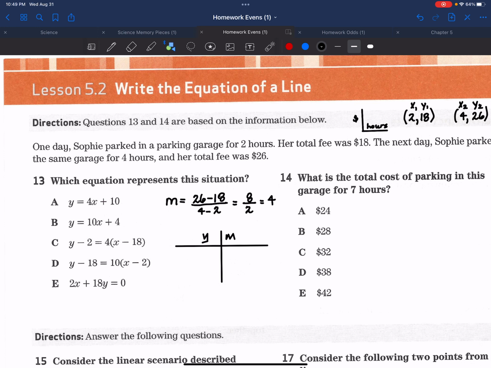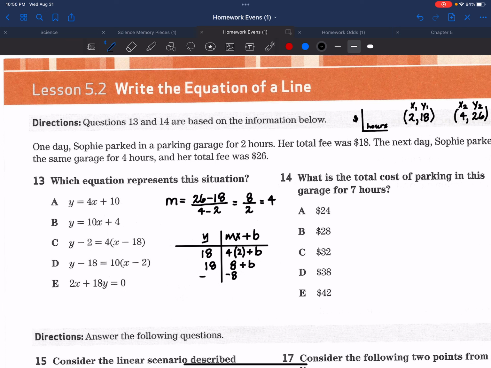y equals mx plus b. So y, you pick one of the points. I'm going to use the 18. It doesn't matter. And then m is 4. x would be 2. And then we need to find baby b. So we have 8 plus b equals 18.